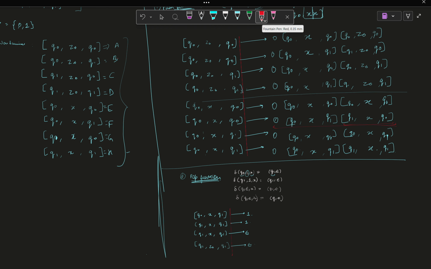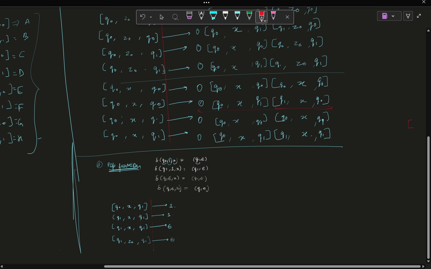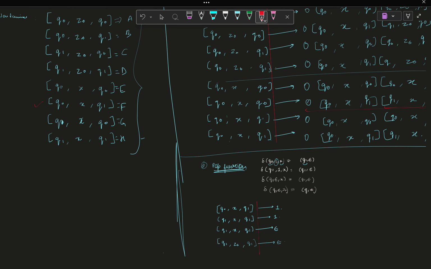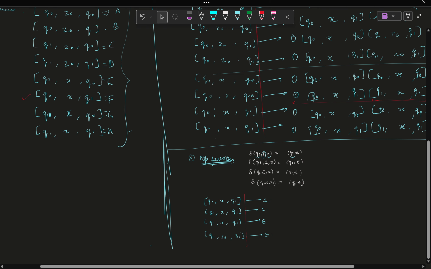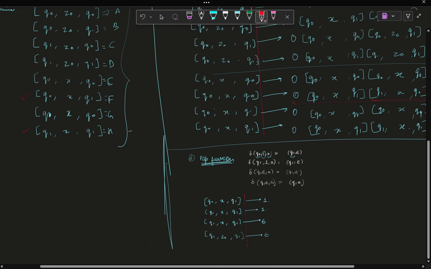So Q naught X Q1 is essential. Where do we find Q naught X Q1? Q naught X Q1 is F, so it is an essential one. Then we have Q1 X Q1, which is also essential. Then Q1 Z naught Q1 is also essential.